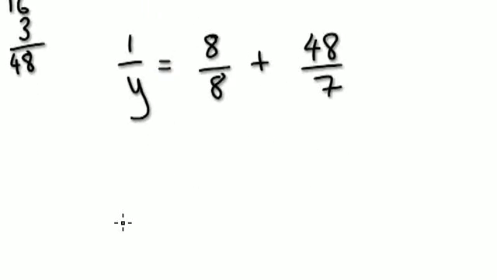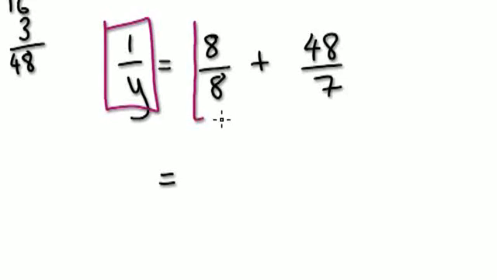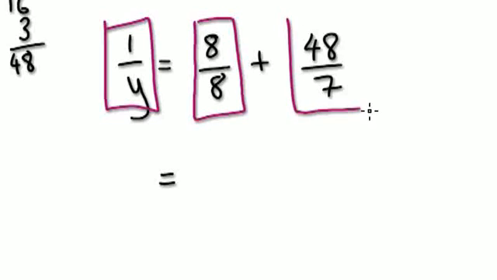Now, in order for us to use the reciprocal technique, it will only work when you have one fraction on the left hand side, but on the right hand side here we've got 2 fractions, so we have to merge these 2 together. So in order for us to merge, the 2 denominators have to be the same. So let's times top and bottom by the same number, times by 7, and over here we're going to times top and bottom by 8.